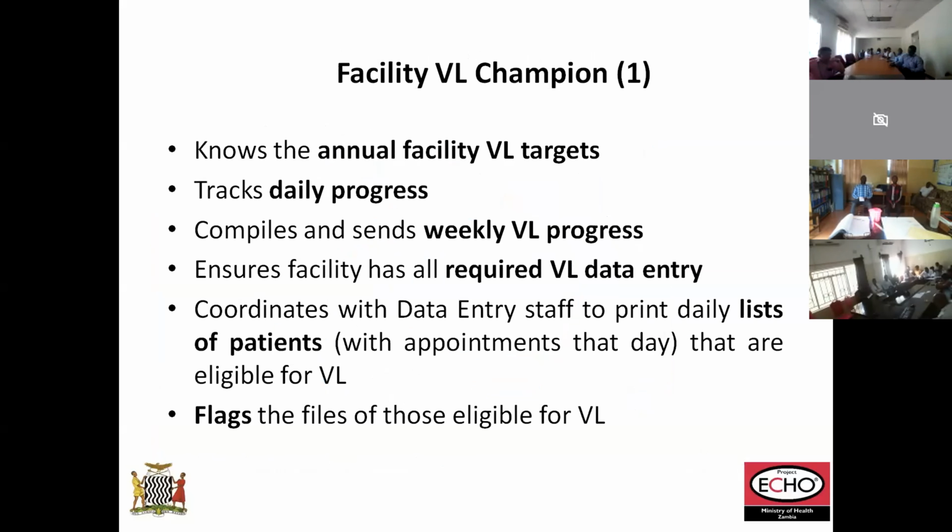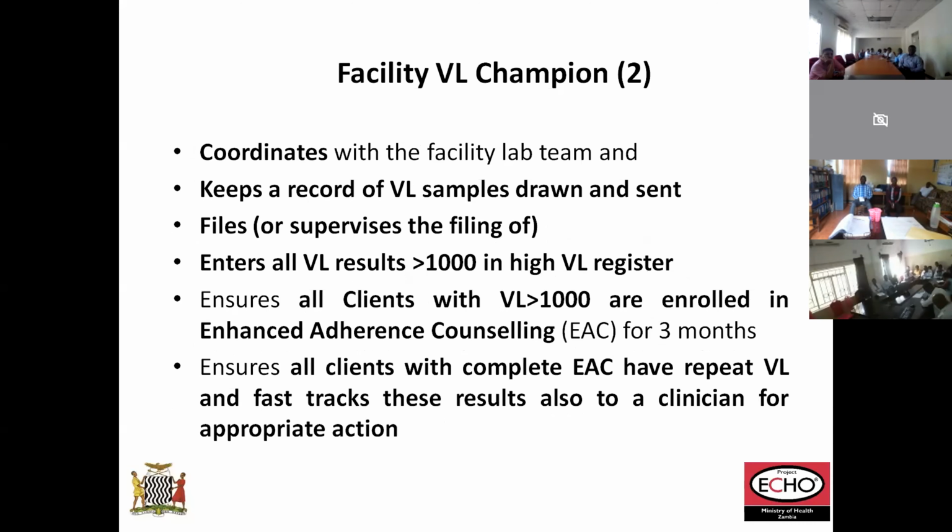He's supposed to track daily progress of the viral load testing, compile the results, compile weekly viral load progress, ensure that the facility has all required viral load data entry, and coordinate with the data entry staff to print the daily lists for patients who are due for viral load testing. The champion is also supposed to flag the files of those who are eligible for viral load.